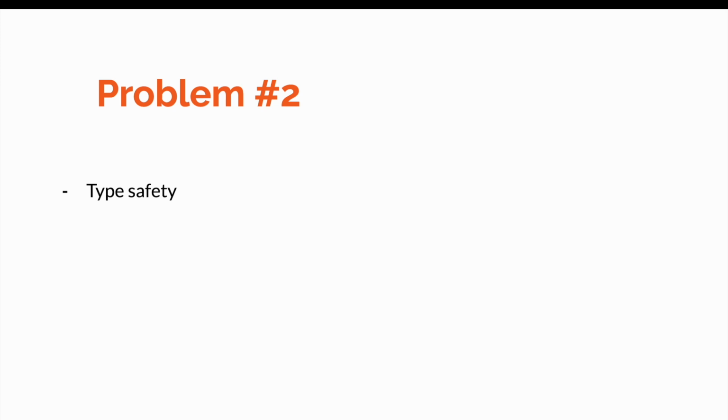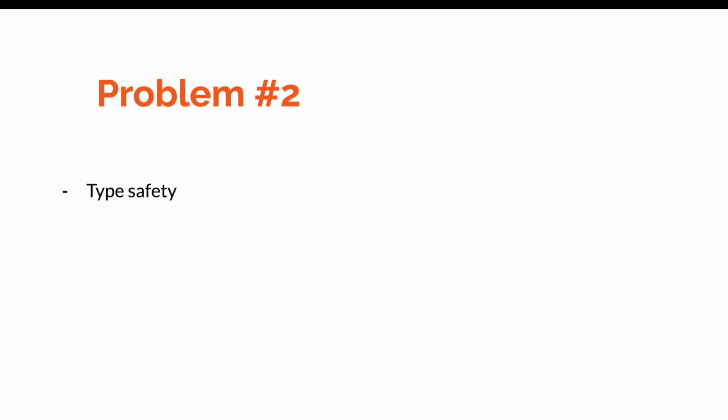If we write the code without generics, then during compilation time we cannot be sure that the object we are trying to insert into our collection, in our case a list, is a correct object.